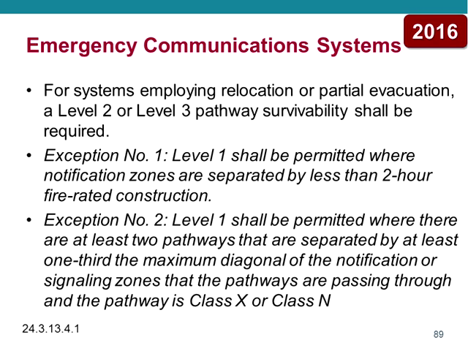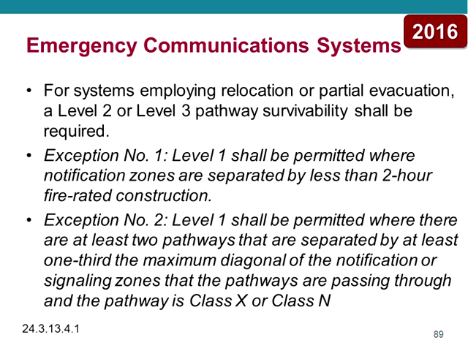But there are a couple of exceptions. Level 1 is permitted where notification zones are separated by not less than 2-hour fire-rated construction. I'll have to double check that, but it seems right that it would be not less than.